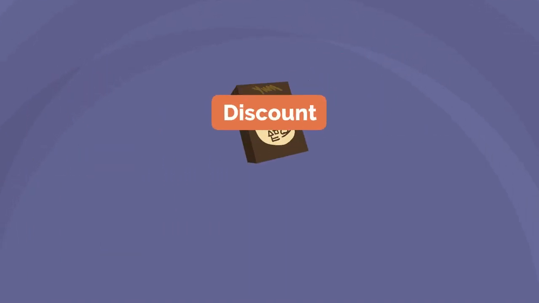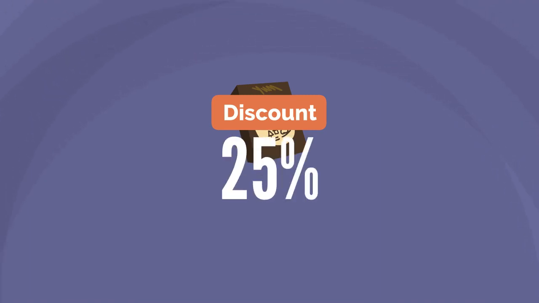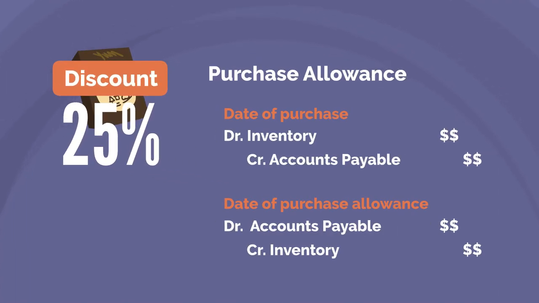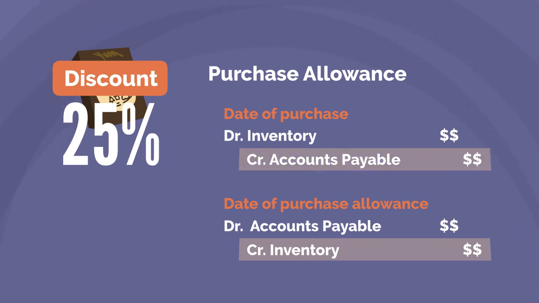In this example, if the seller opted to give Tom a 25% discount on the faulty beans, Tom would credit 25% of the cost of inventory to the purchase allowance and credit the remaining 75% to the cash account when settling the payment made on accounts payable.